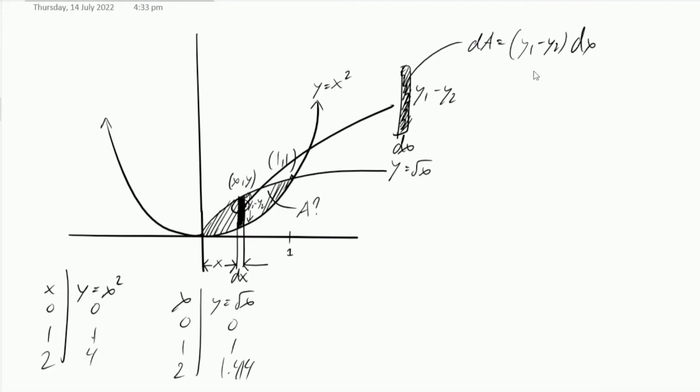As you can see here, y1 is the one on top, the curve on top, so it's square root of x, and the y sub 2 is x squared. So first, we get the integral of these two, and the area is equal to the integral of y1 minus y2 dx. So substitute y sub 1 and y sub 2.